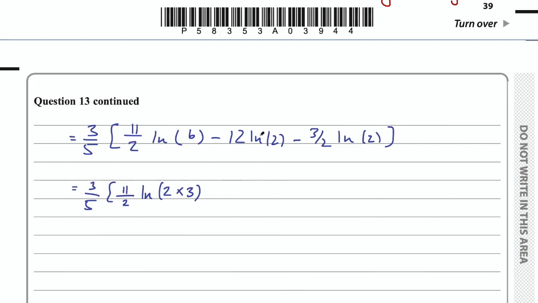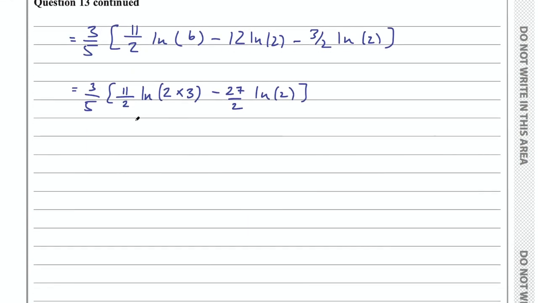And also simplifying this, 12 take 1.5 is 13.5 or 27 on 2 log 2. And now I have that log 2, so I'm happy with that. And I want to split this expression up into log of 2 plus the log of 3.